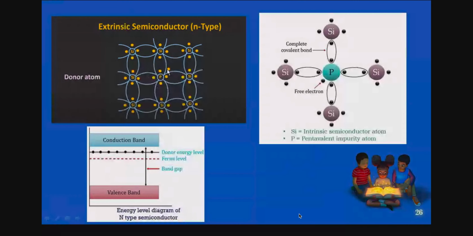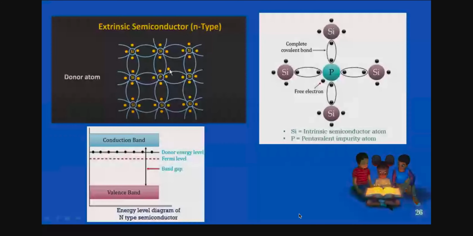But because phosphorus is pentavalent, 4 electrons are paired with the neighboring silicon atoms, so only one is left over. That's why we call it a donor atom, isn't it?